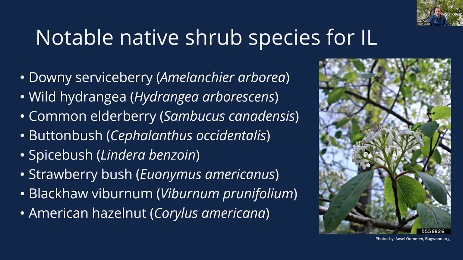So there are a lot of native shrubs that you might think about incorporating both on your natural restorations, but also in the home landscape. And Kevin had an awesome webinar I think last year about native shrub species for your home landscape. So I would definitely encourage you to check out that webinar if you have not seen that one already as well.